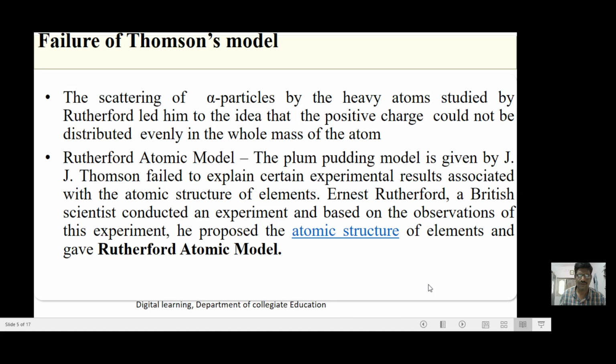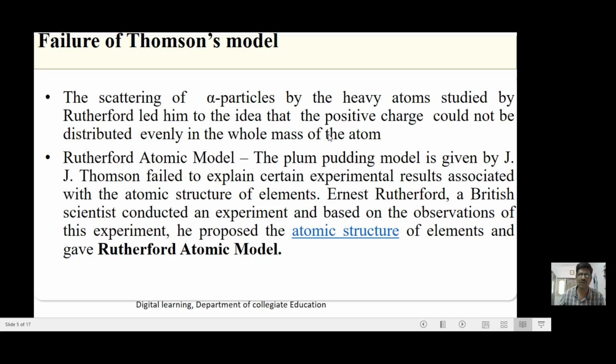Therefore, the failure of Thomson's model. The scattering of alpha particles by heavy atoms, studied by Rutherford, led him to the idea that the positive charge could not be distributed evenly in the whole mass of the atom.